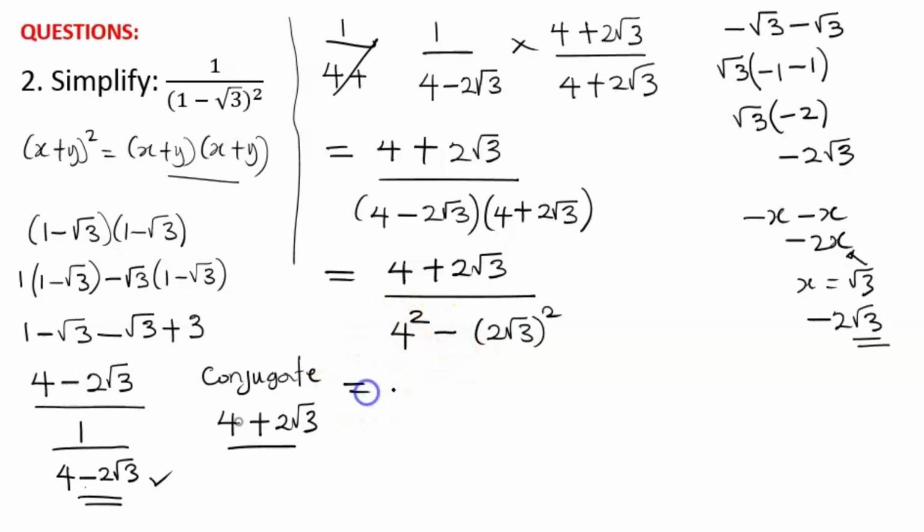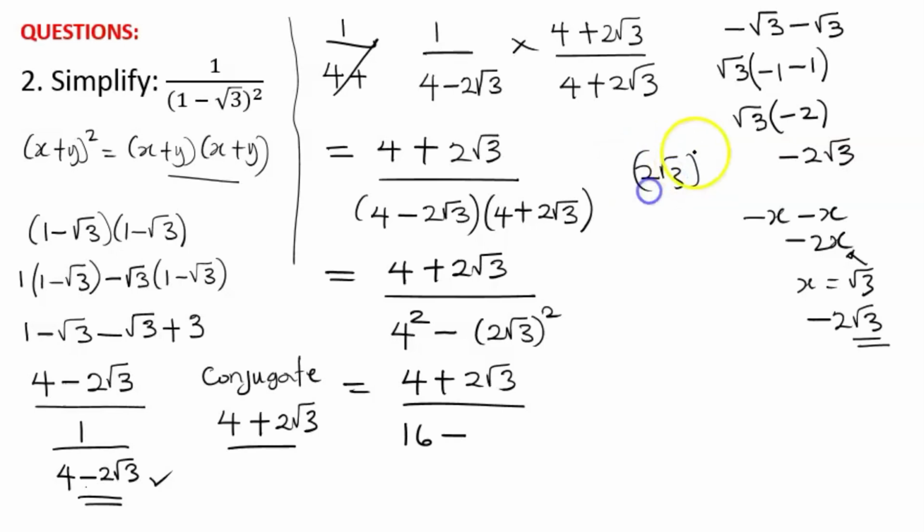So when we do that, we are going to have 4 plus 2 root 3 divided by, this is going to give us 16, of course. Now in this case, in indices, there's what we call the product power law. So you have 2 root 3, then it is squared. In other words, we have 2 root 3 multiplying another 2 root 3.